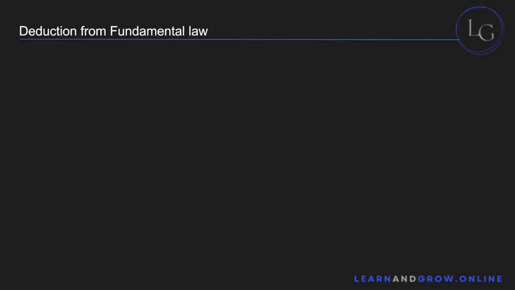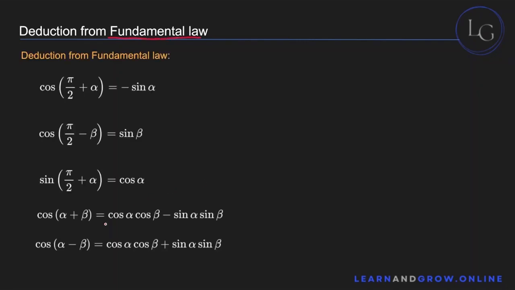Now, let's see the deductions from the fundamental law. We discussed the fundamental law earlier, but just to make it clear, this was the fundamental law, right? Cosine of alpha minus beta is equal to cosine alpha cosine beta plus sine alpha sine beta. Fairly simple. Now this is the first deduction, that cosine of pi by 2 plus alpha is equal to negative sine alpha.